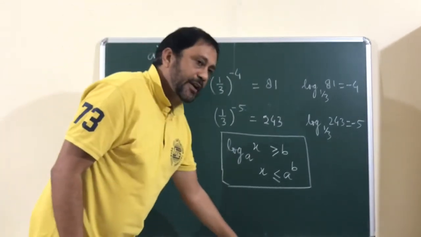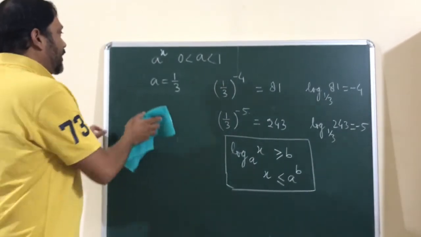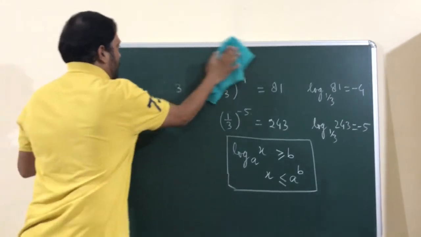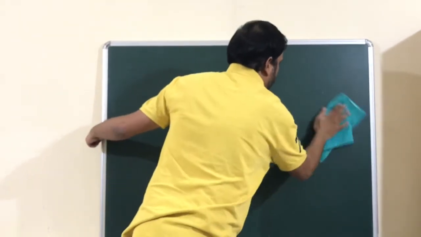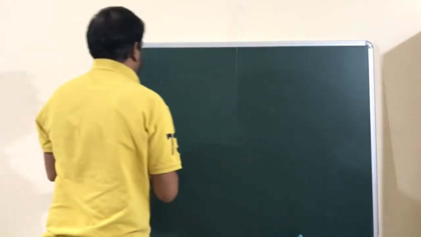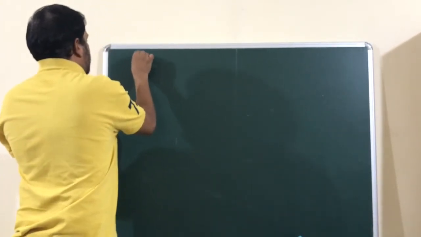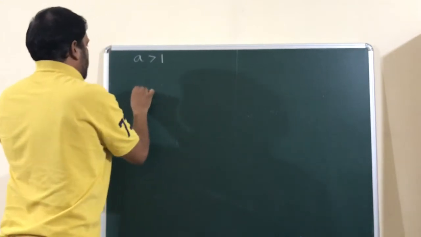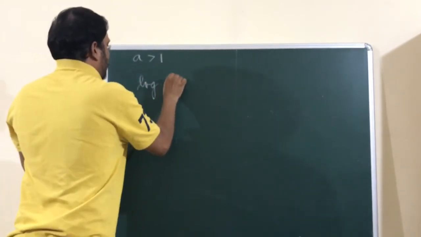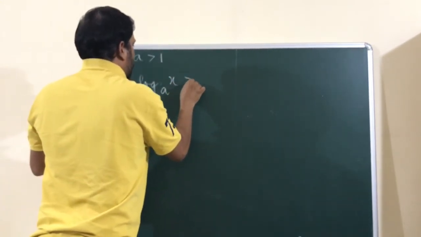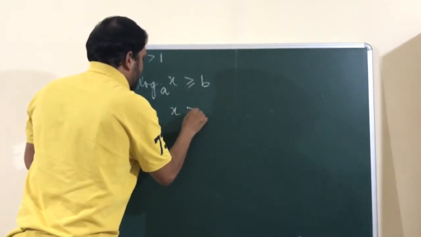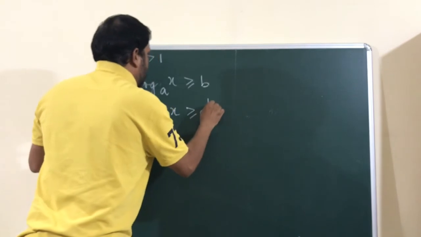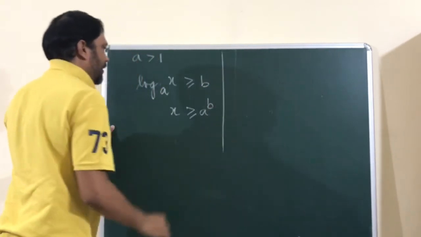So there are two things in logarithmic inequalities you need to remember. First case, when a is greater than 1, log of x base a, if it is greater than or equal to b, you will write x is greater than or equal to a raised to the power b, as I took the case of 3 there.